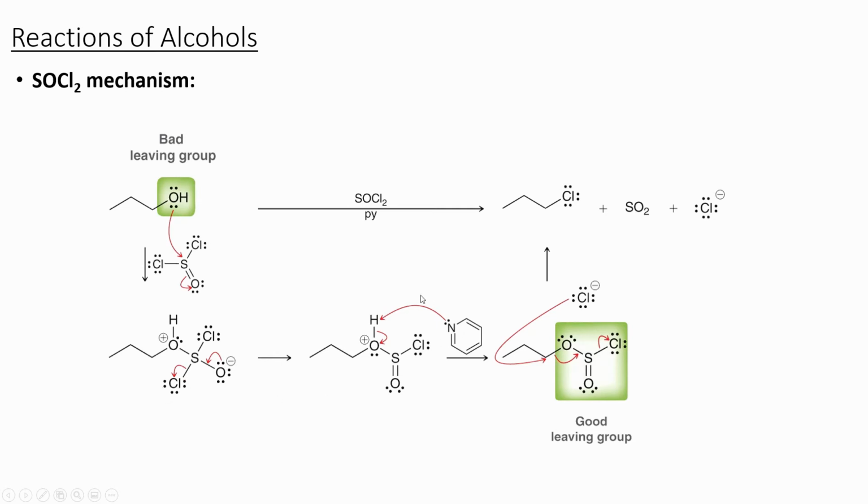The pyridine then deprotonates the alcohol, and at this point we have created a good leaving group on the oxygen of the alcohol. Chlorine can then do a nucleophilic attack on the carbon attached to the oxygen to form our new chlorine-carbon bond, and this gives two byproducts, SO2 and chloride.